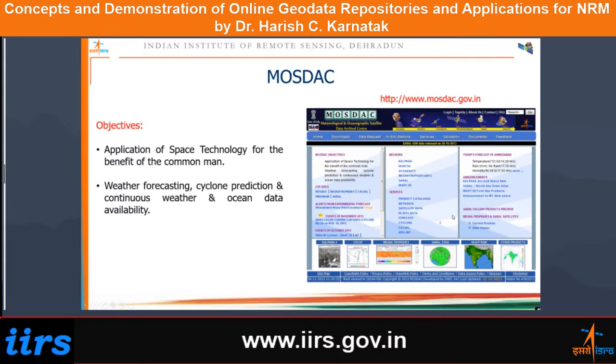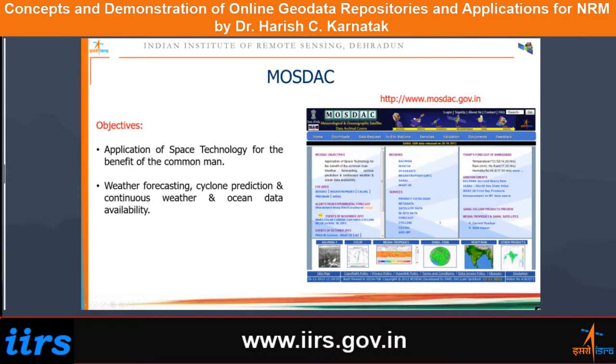You may know that the geostationary satellites provide observations every 15 minutes or every 30 minutes to our data station. So we immediately update this data on the servers and then make it available to the users. It is a very interesting website for this kind of weather and climate data study.